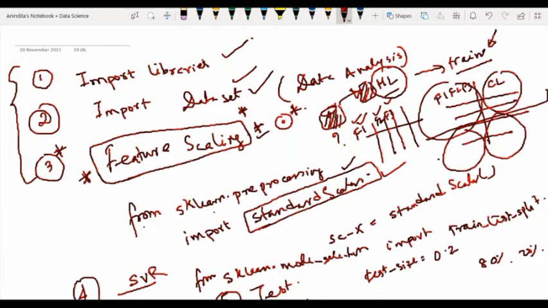And then what is the final step? The final step is finding the accuracy, which means you have to compare the test set with the predicted values. That we have already done, but this is not our main topic of discussion. I will discuss this entire process in detail later.